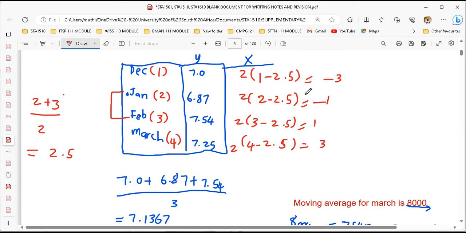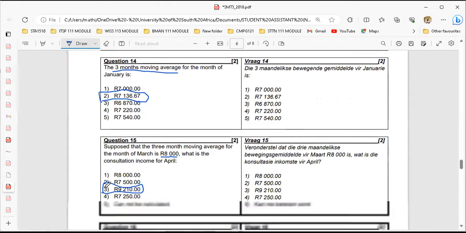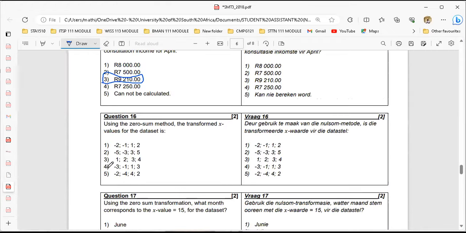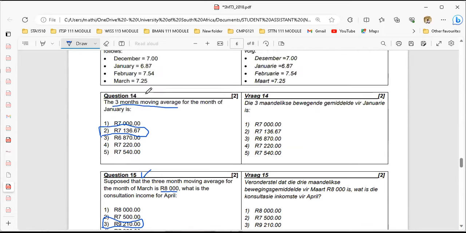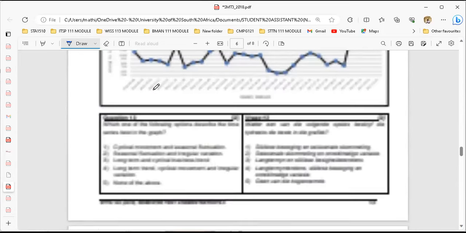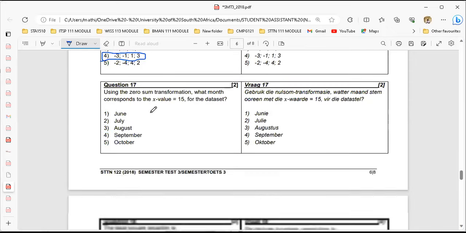So my transformed x values are -3, -1, 1, 3. Let's check. So the correct answer here is option 4. Yeah. So done with this, done with this, and also this one.